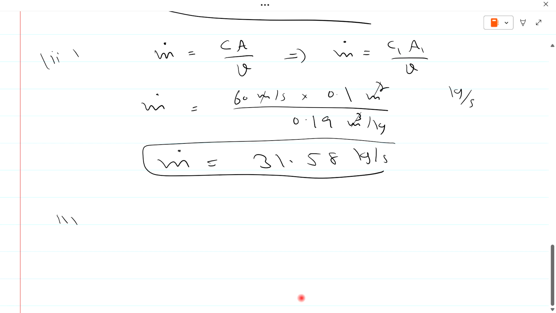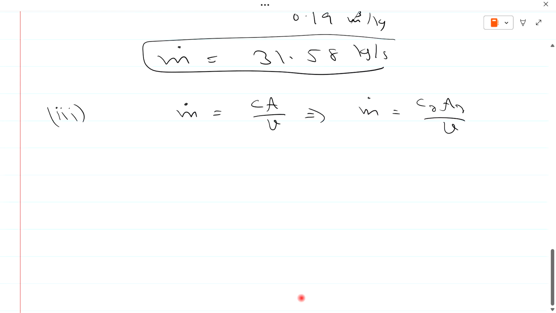And in the third part, find A2. So we know that m dot is equal to C A divided by V, so this implies that m dot is equal to C2 A2 divided by V. Rearrange this equation to find A2.